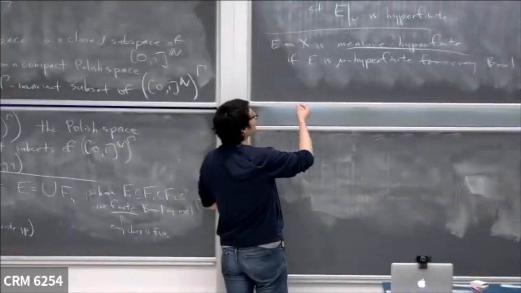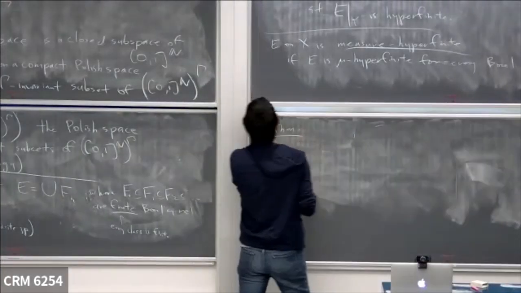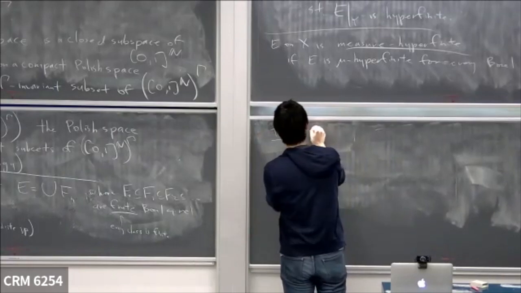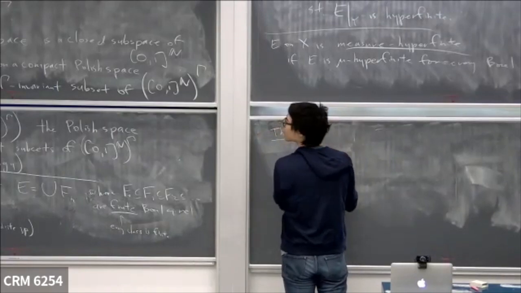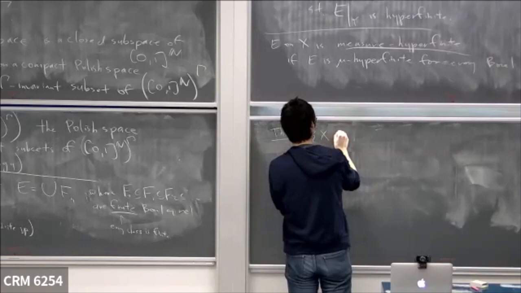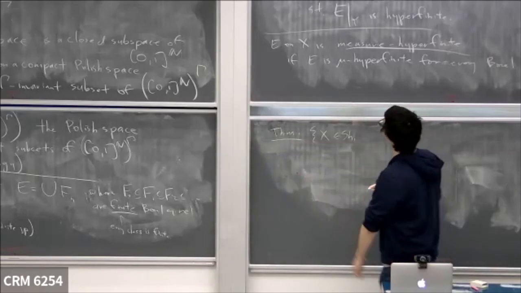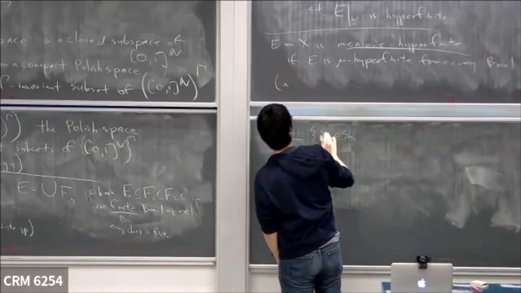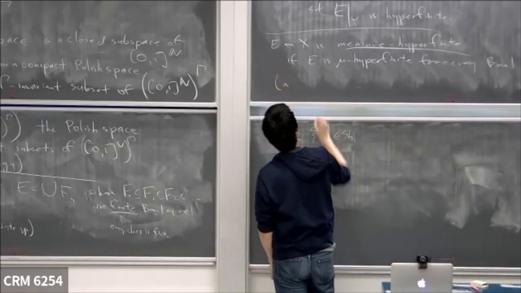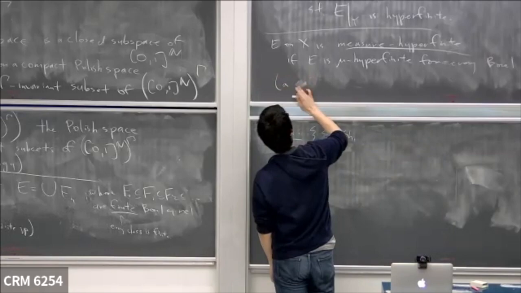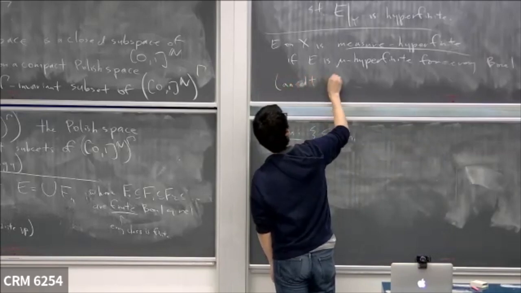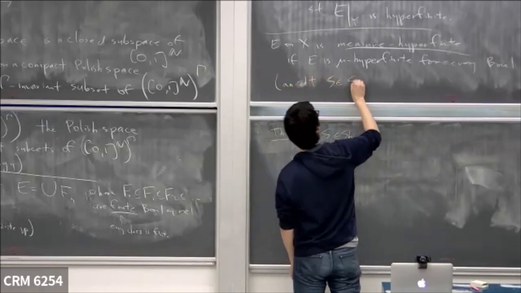I guess it's a theorem. So here's a theorem: the set of things which are measure hyperfinite. Oh yeah, so I guess for a subshift, maybe X is bad. Okay, let's call it S, an element S of this shift space.